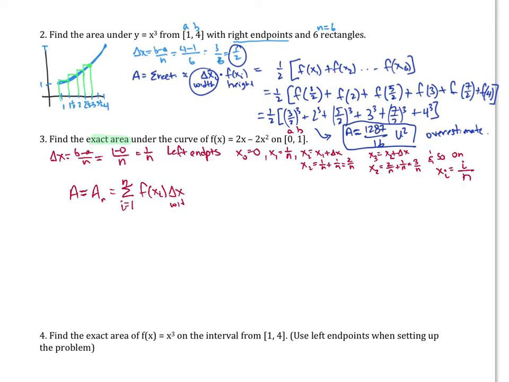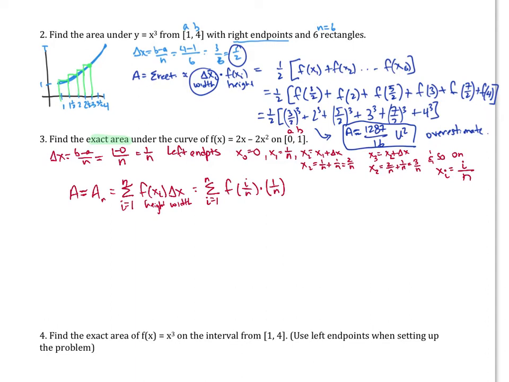This is my width, and this would be my height right there. Right? And so when we substitute it in, we're going to get the sum from i equals 1 to n, and this will be f of i over n times my delta x, which is 1 over n, and I can take the 1 over n out.